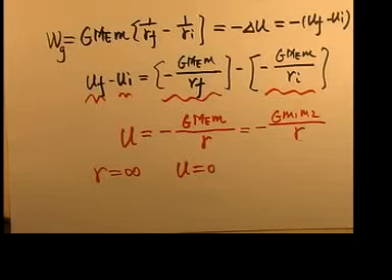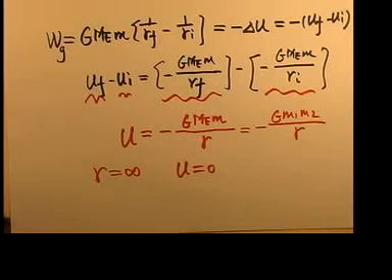Now, when the object speeds up, it picks up kinetic energy. However, if between two particles the only force is the gravitational force, then the system's mechanical energy is conserved. If a particle picks up kinetic energy, then it has to lose it from something.